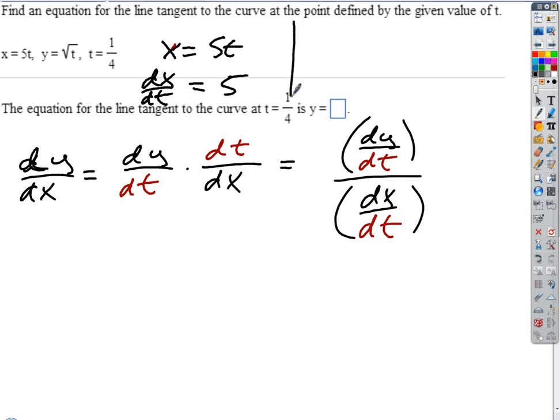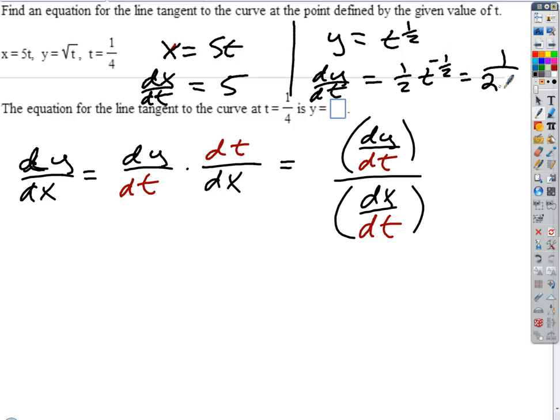If y equals square root of t, we'll write that as t to the 1/2, then dy dt is what? Good, 1/2 t to the minus 1/2, which is the same thing as 1/2 times the square root of t.